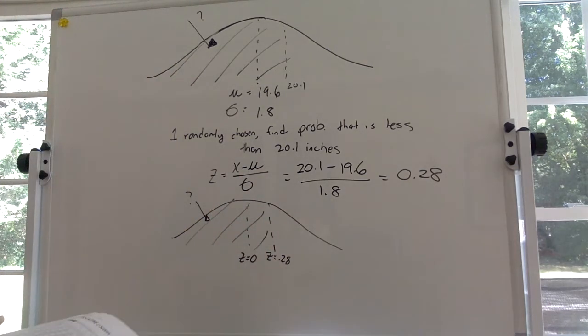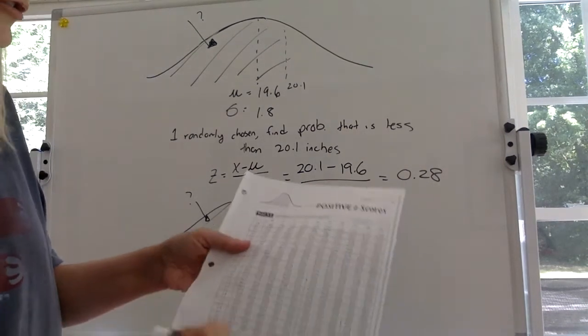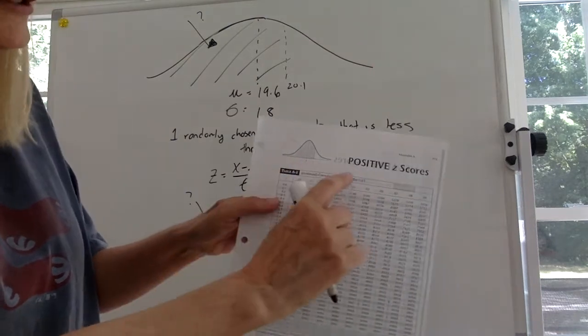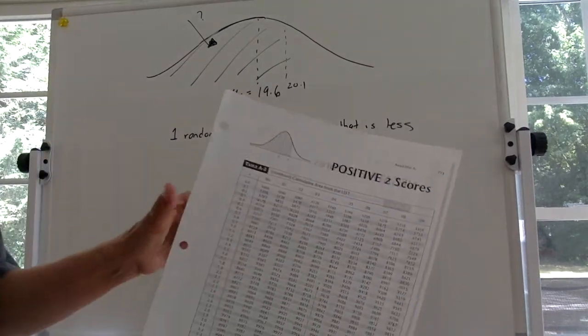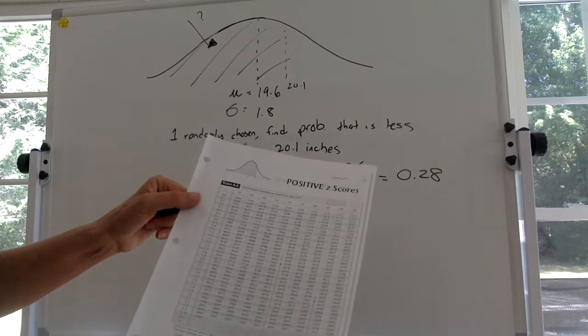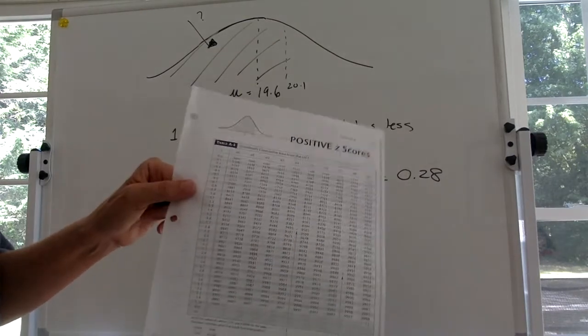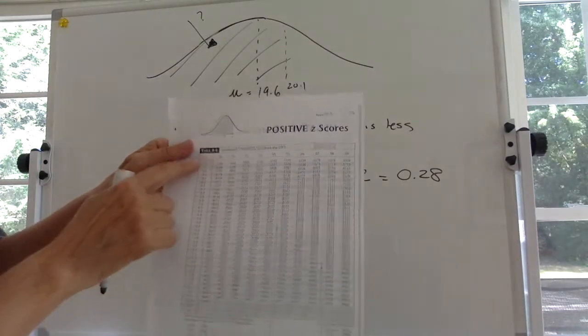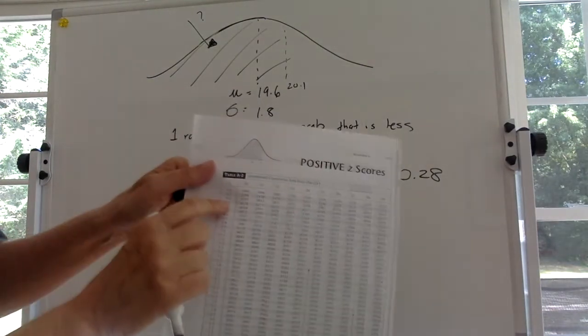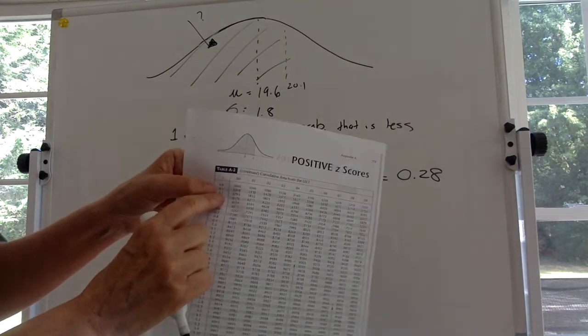So that's where this table that I gave you comes in handy. We have a z of 0.28, which is a positive z. So you take the table and go to the side that says positive z-score. That's the first thing we want to do. Next, our z is 0.28, so you look at the first column that says z, and go down to the row that has 0.2, because it's 0.28.